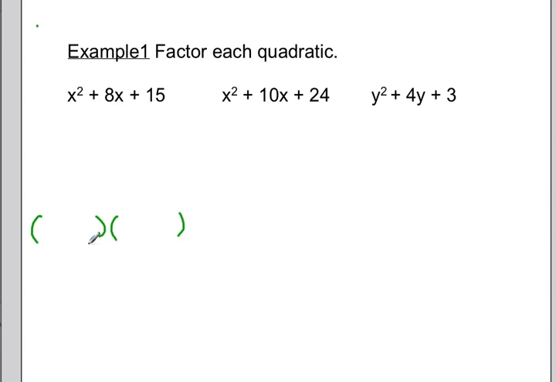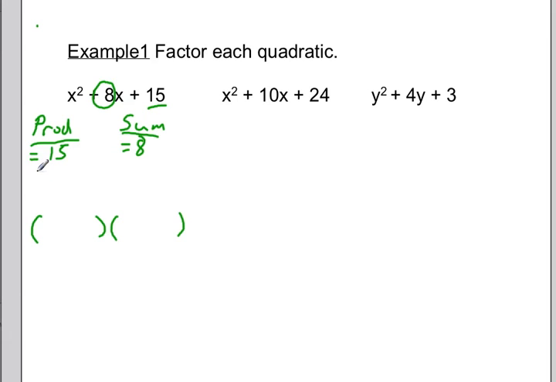Those numbers are going to multiply to give you 15 and add to give you 8. So they're going to give you a product of 15 and a sum of 8. We need to find two numbers that multiply to give you 15 and add to give you 8.